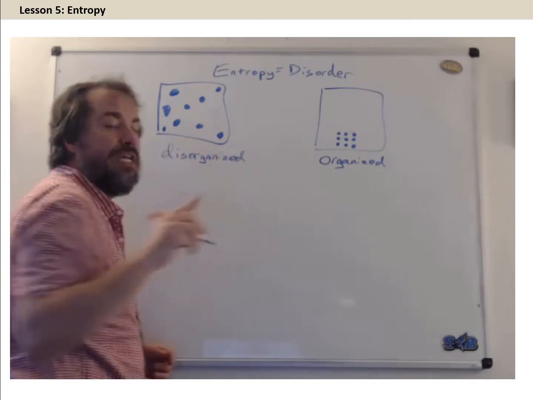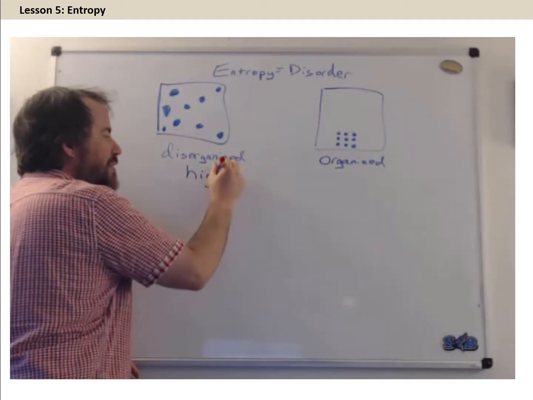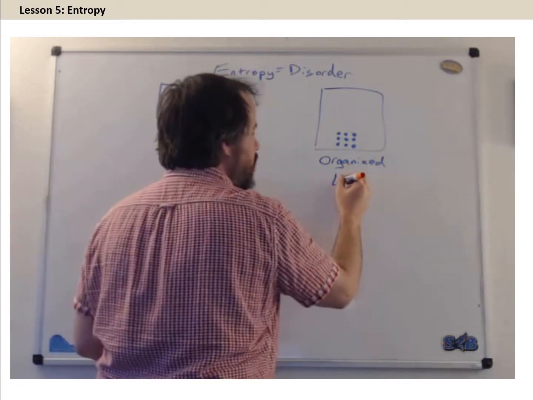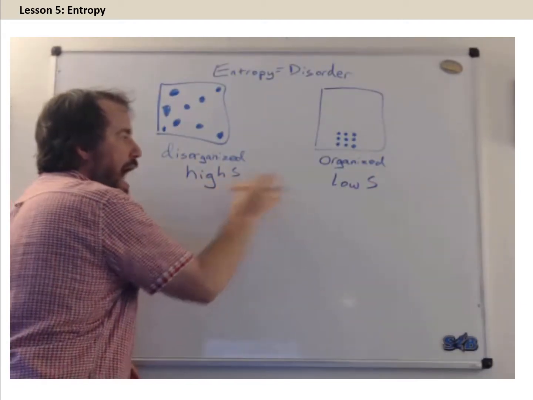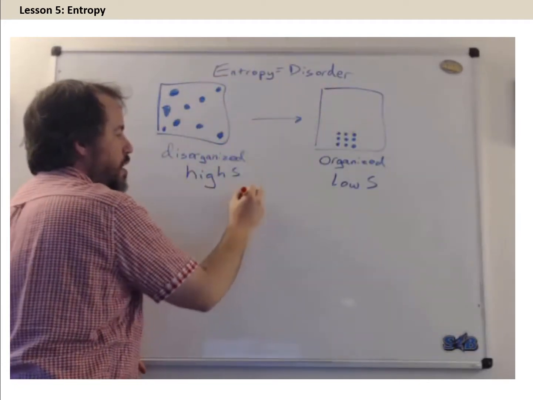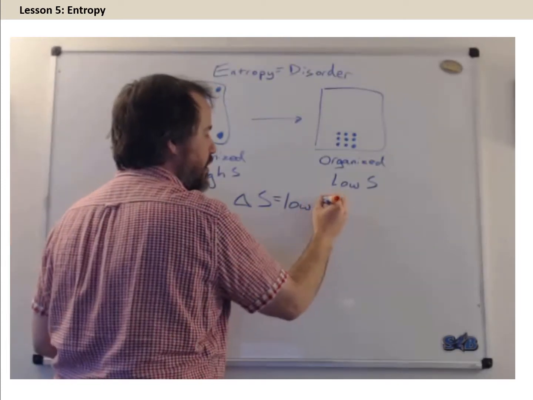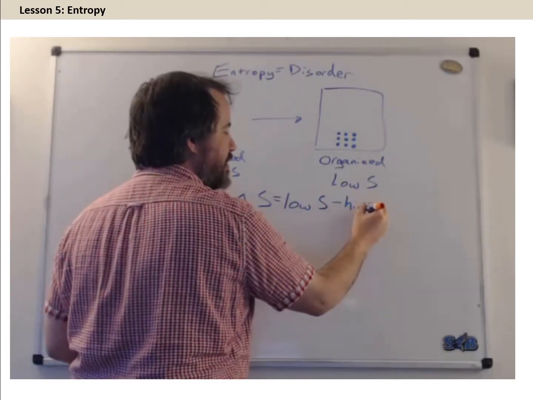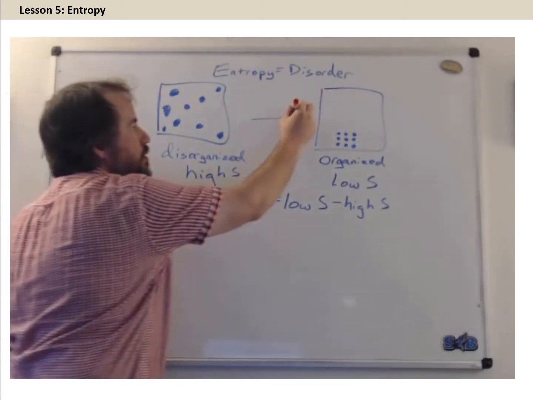So when we talk about entropy, this will have high S, this will be low S. If I go from here to here, my delta S is going to be low S minus high S, because it's always final minus initial.